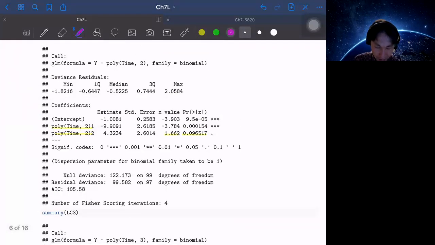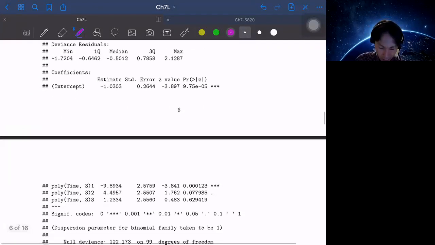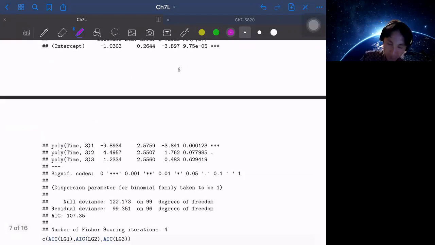Yeah, so if you want to see what the quadratic curve is, then you can either plot or you can use the poly function x and x squared. Then you can see what the fitted function is. And for the third degree polynomial, we have 3 terms, and these are t values. So the quadratic term is maybe significant here, but the cubic term is probably useless.